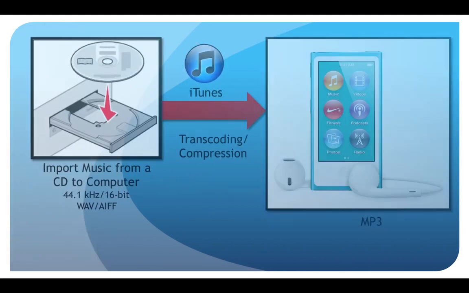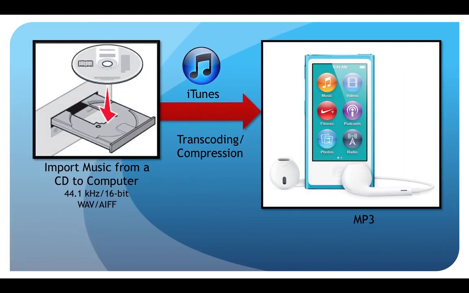So if you take a professionally recorded compact disc and place it into the CD tray of your computer and open that CD up with an application such as iTunes, which is probably something all of you are familiar with, iTunes will want to transcode that music as it brings it into the iTunes library.